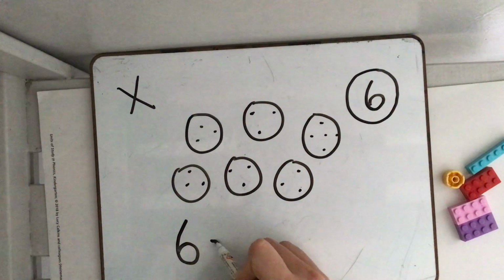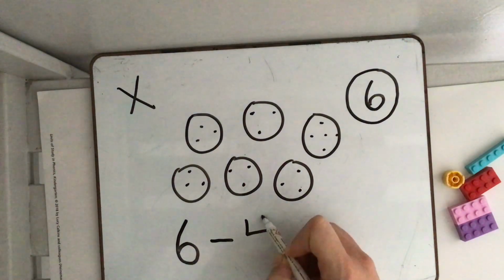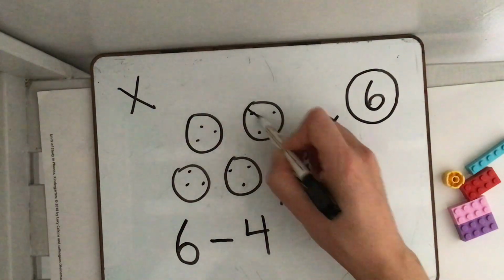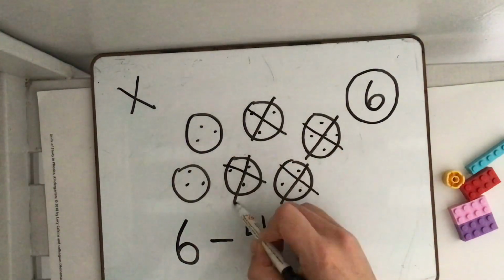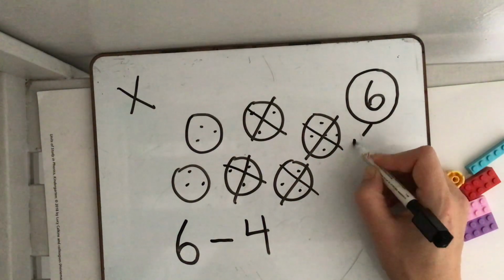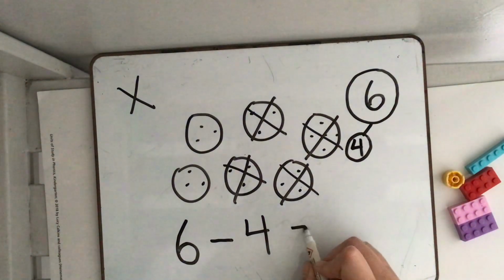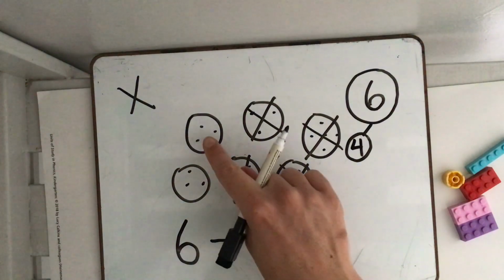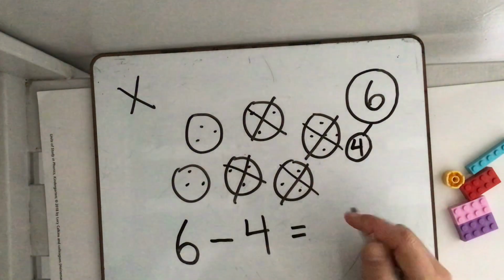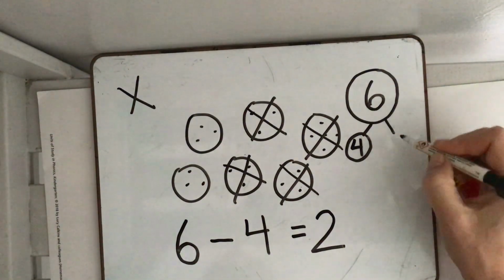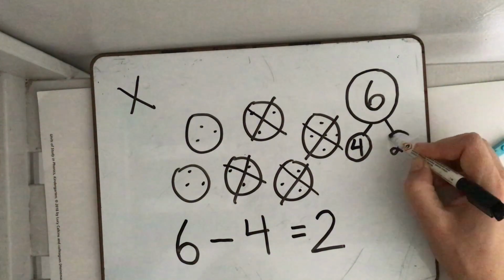So 6 take away 4. 1, 2, 3, 4. All right, so 4 is one of the parts. And let's see, I'm trying to solve for how many are left over? 1, 2. 6 take away 4 is 2. The other part in this problem is a 2.